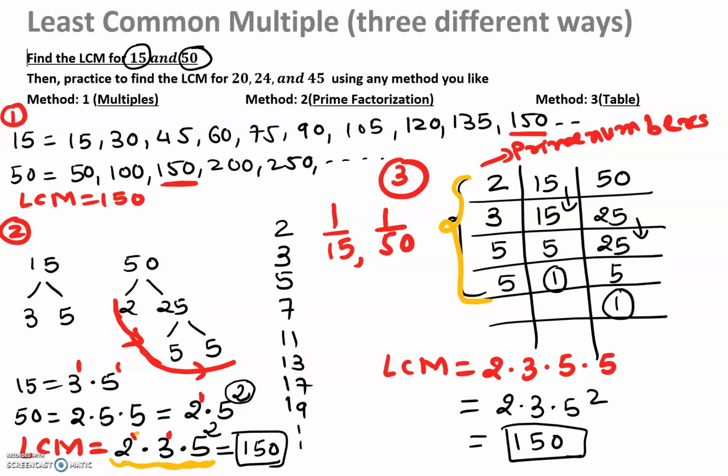That means least common denominator. Why? Because now these numbers are in the denominator. So you're going to use these numbers to find the least common denominator. But the process is exactly the same. You can choose either one of your favorite methods to answer the question.